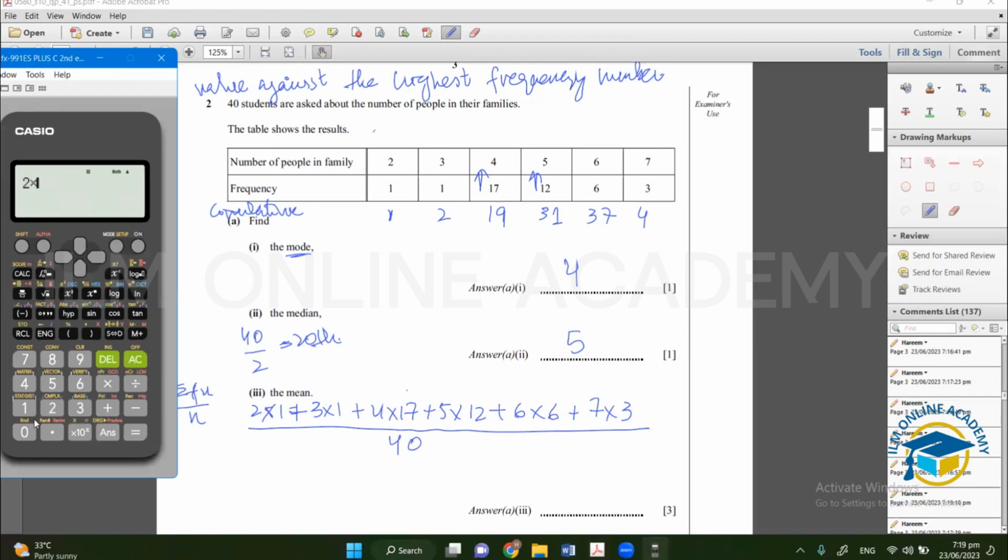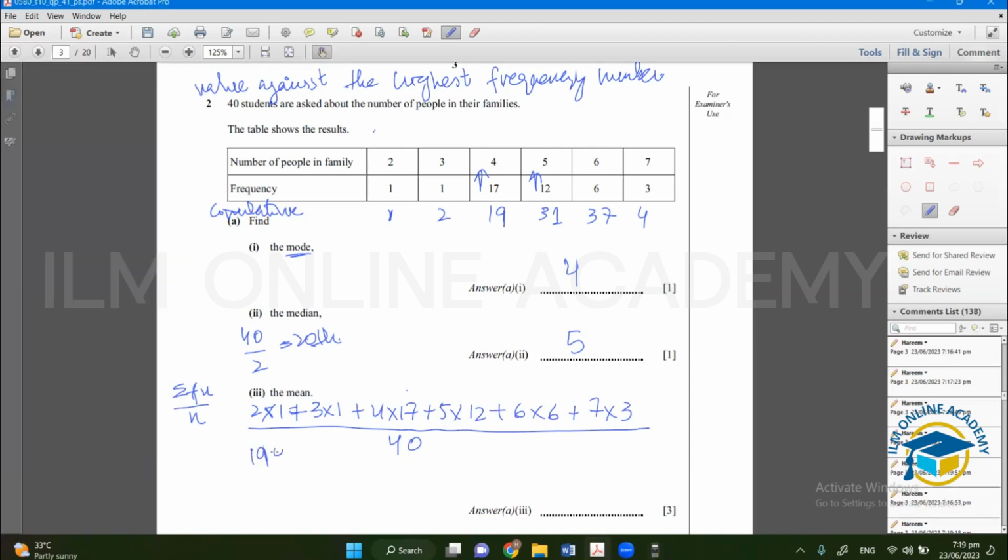2 multiplied by 1 plus 3 multiplied by 1 plus 4 multiplied by 17 plus 5 multiplied by 12 plus 6 multiplied by 6 plus 7 multiplied by 3. It makes up 190 over 40.